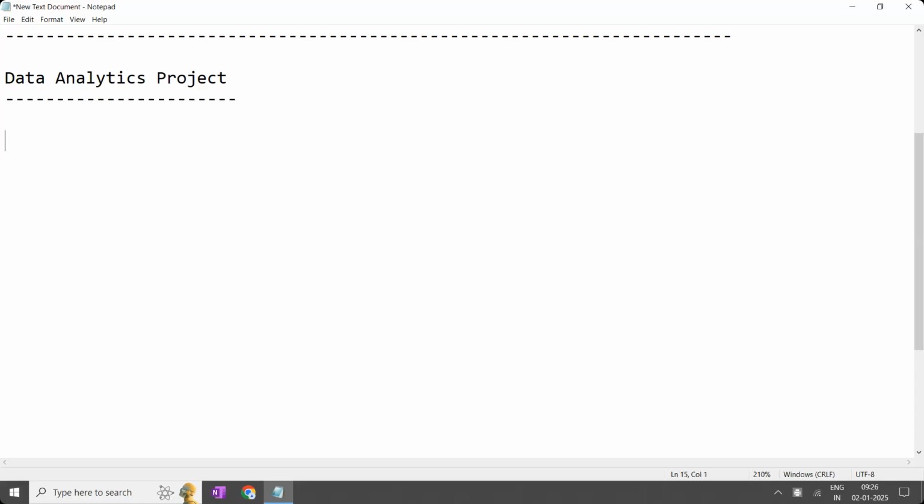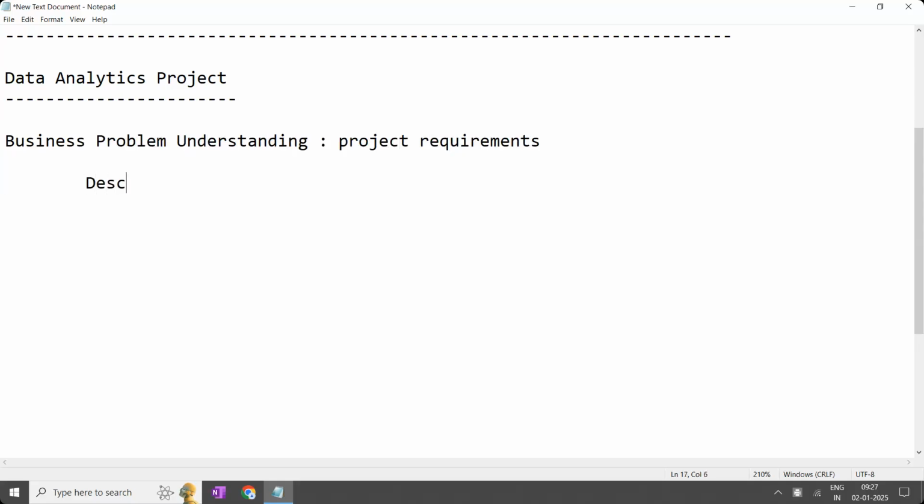The first step is business problem understanding. As I have told you multiple times, for any project, the first step is to understand the project requirements as per the client. Mostly in data analytics projects, the requirement would be descriptive analytics, meaning describing the past data.